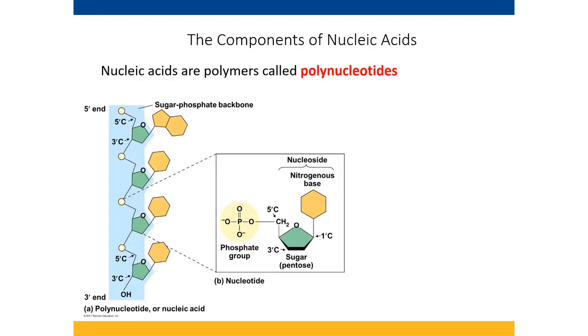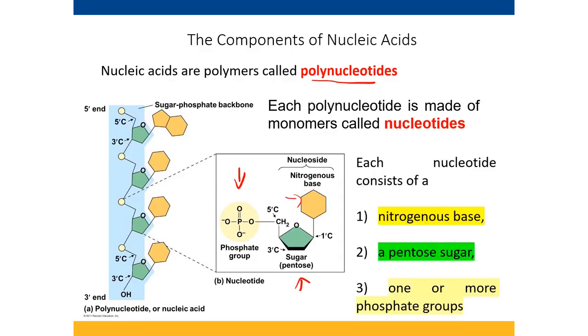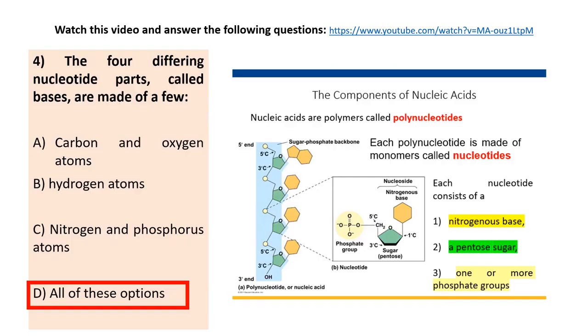So nucleic acids are polymers of nucleotides, and here you have the different parts. A nucleotide has a phosphate group, a pentose sugar, and a nitrogenous base. Remember that the pentose sugar has carbon, hydrogen, and oxygen, so these will be in the sugar.